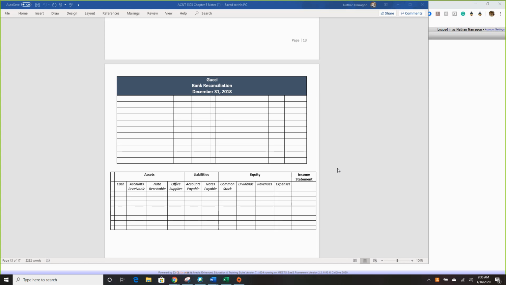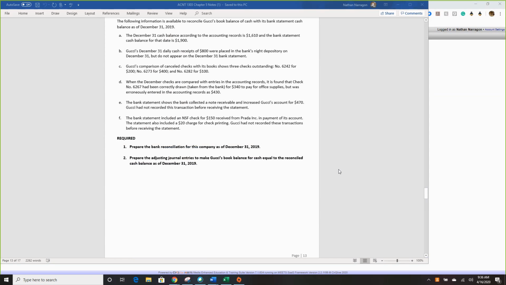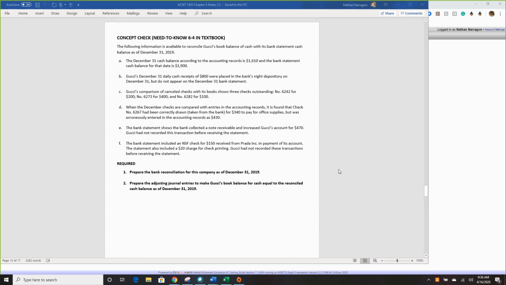So we left off with the concept checks, just as a review of last time. It's going over bank reconciliation and budget again.